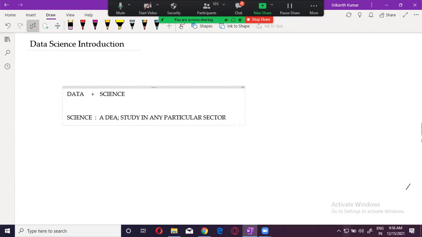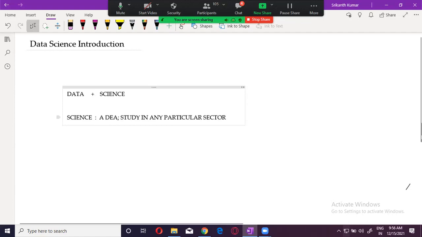Sector means industry. Any industry is called science. Now, where are we doing this study? On data. That is what data science is. So when you are doing a detailed study on data, that is called data science, guys.